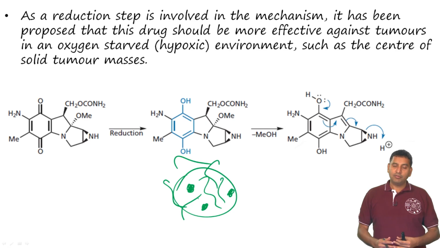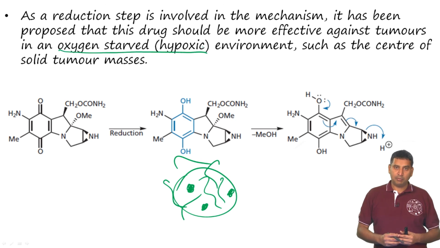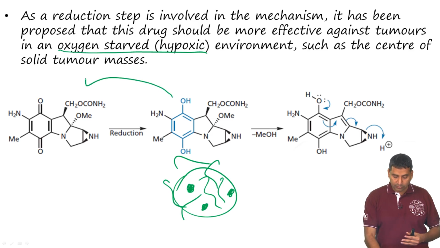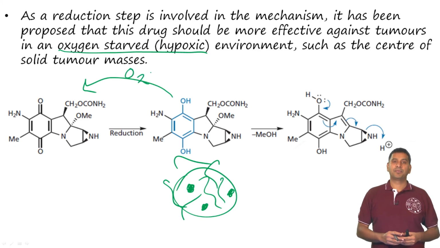And so, when the drug gets into these kinds of hypoxic regions, or oxygen starved regions, the bioreduction that happens is going to be somewhat irreversible. Otherwise, if oxygen is present, it is going to oxidize this back to the original drug.